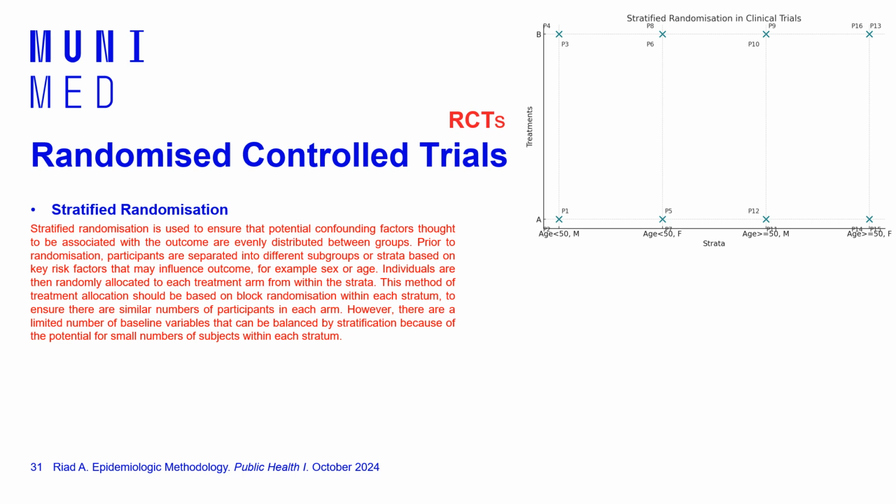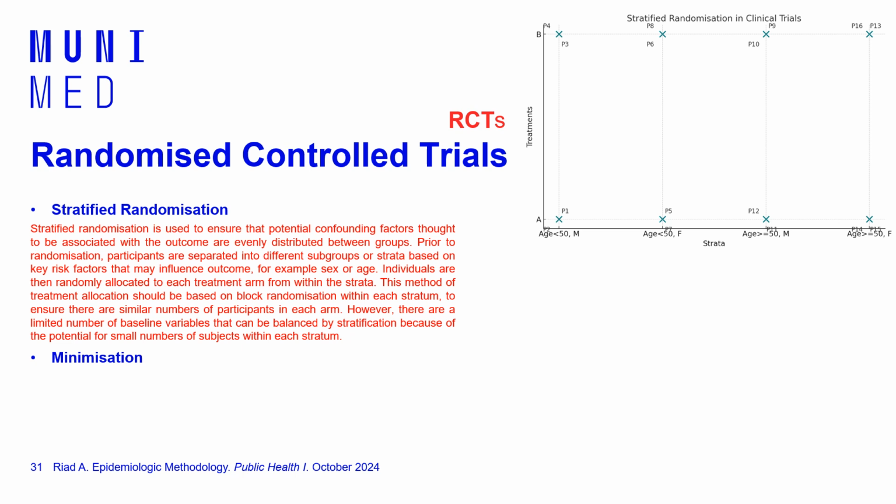And then we make blocks within each group. Like within females, we will have 4-unit blocks for females and 4-unit blocks for males, and then we will stratify the treatments within each of these blocks. So by this we are ensuring randomization as much as possible within the patient groups.